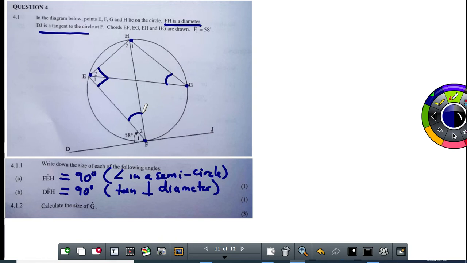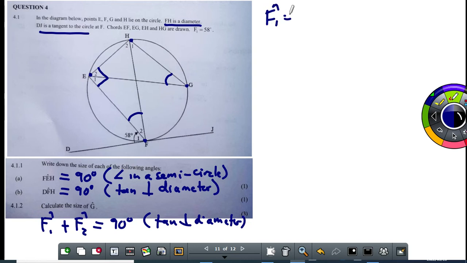Okay, but I want to calculate F2 first. Okay, so F1 plus F2 is equal to 90 degrees. And the reason for this is tan perpendicular to radius or tan perpendicular to diameter. Okay? And F1 is given there. F2 is equal to 90 degrees minus 58 degrees.